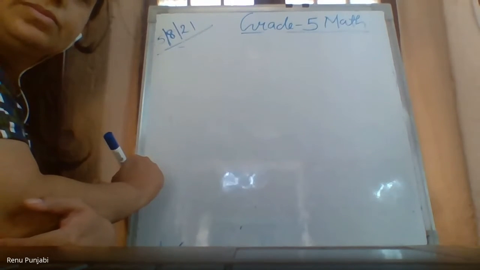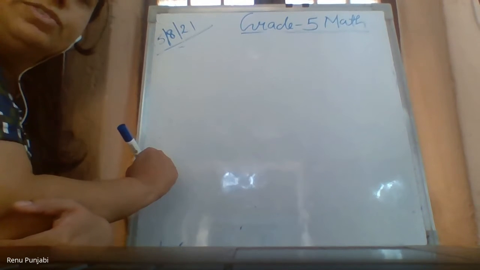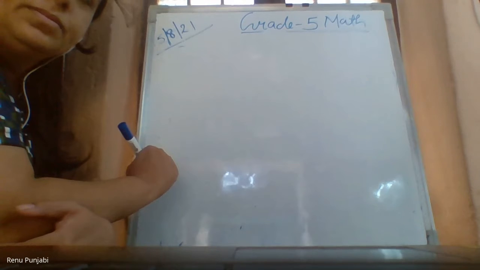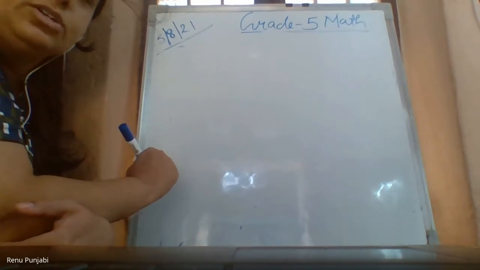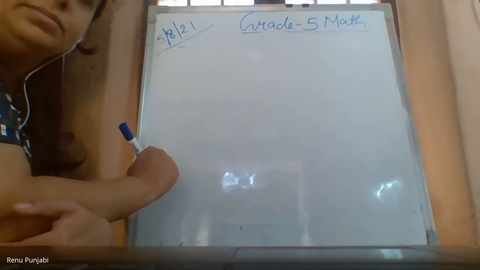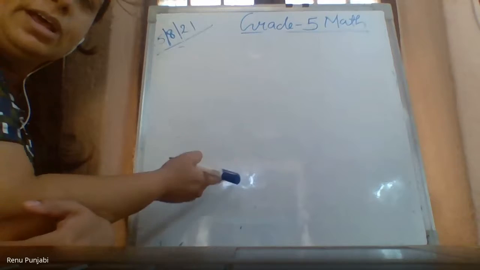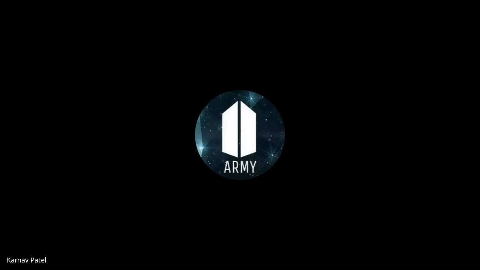Which child was speaking? Which child has told me that I have not understood, ma'am? I think Ridan, what have you not understood, beta? Ma'am, this question, the one we did before this, the LCM.